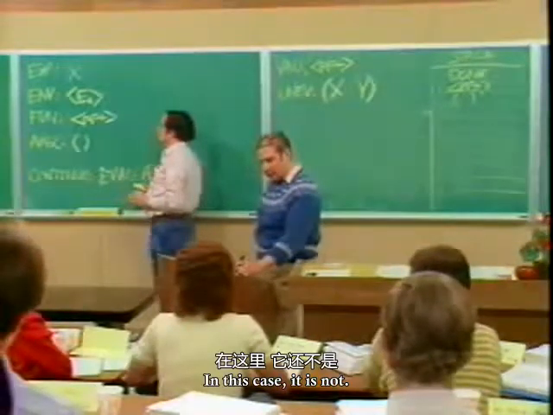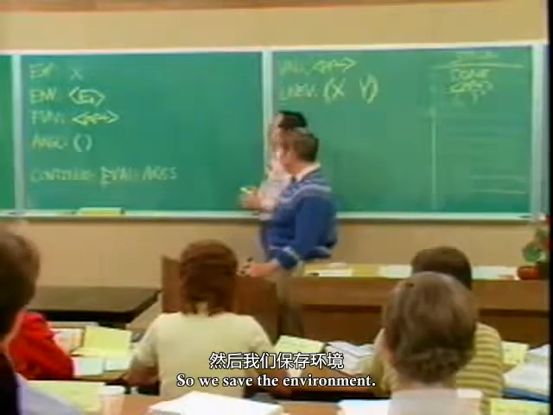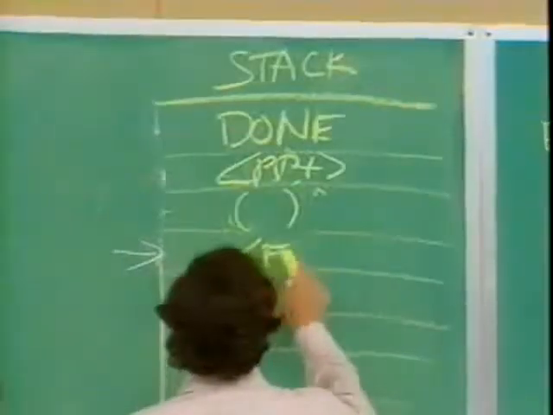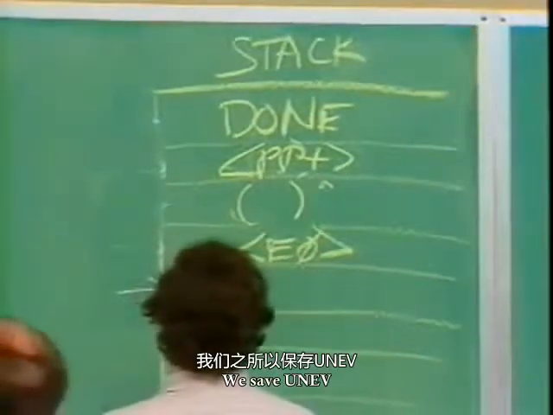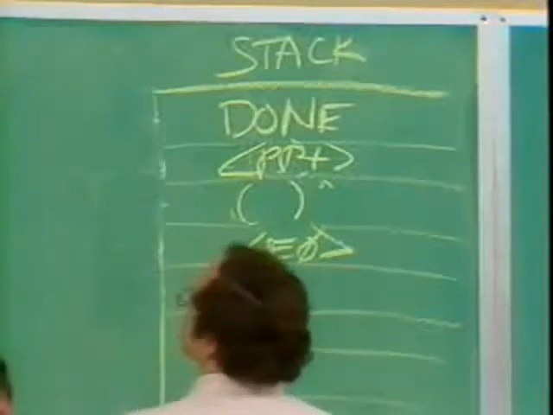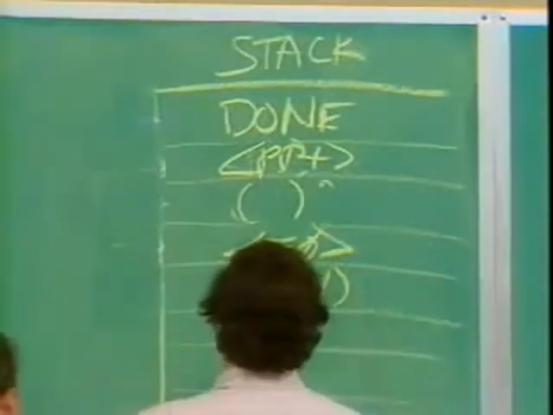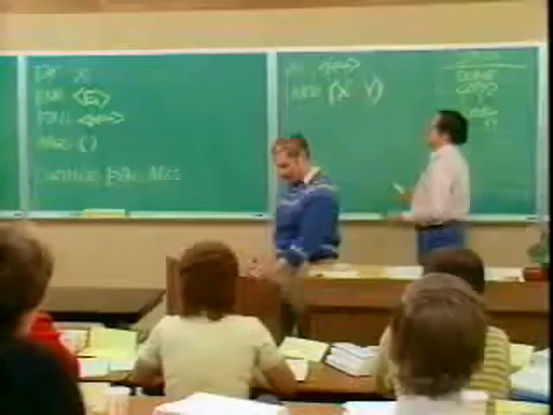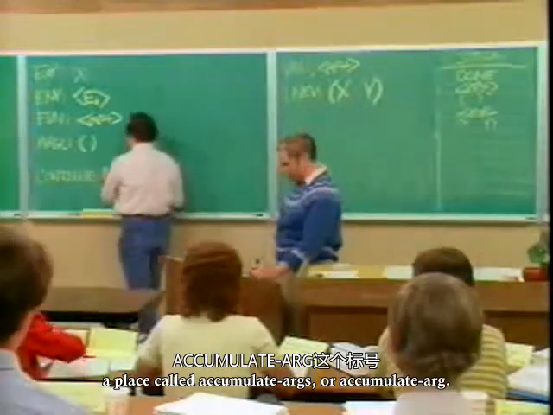In this case it is not. All right, so we save the environment. We save unev, because those are all things we might need later. We're going to need the environment to do some more evaluations. We're going to need unev to look at what the rest of those arguments were. We're going to assign continue a place called accumulate arg.